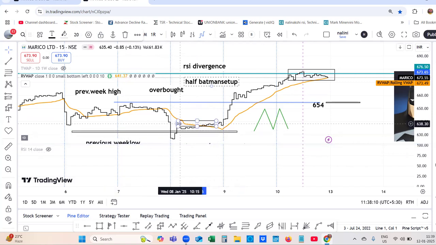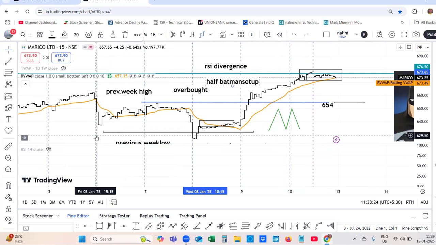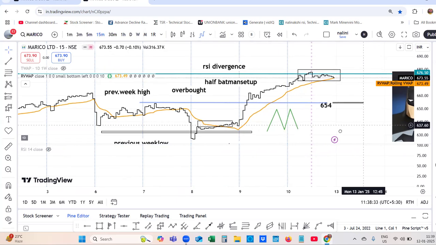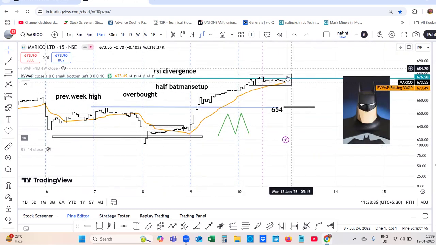Trap and reverse is a market player setup, and this Batman setup is also a market player setup. I am combining all these indicators for my analysis. And I'm also making a weekly template, a 7-step routine for my intraday high performance trade. Combining everything, I'm bringing up these two setups.